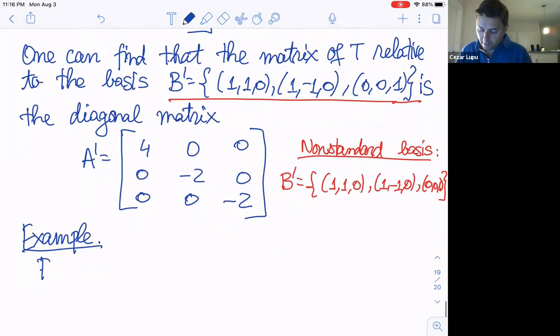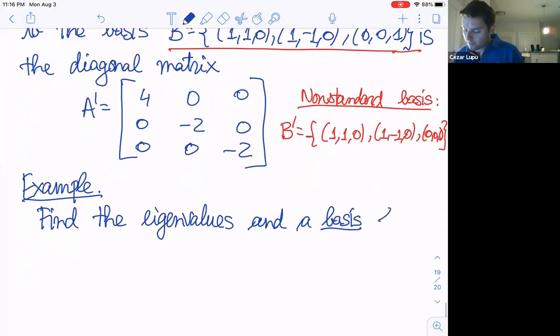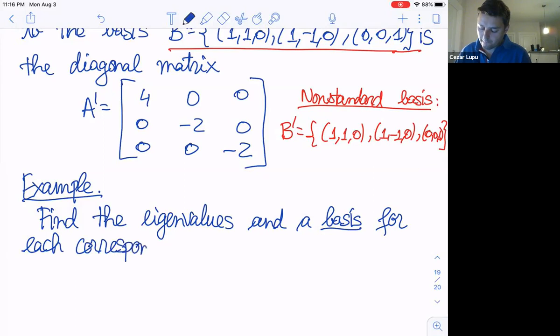Find the eigenvalues and a basis for each corresponding eigenspace of the following matrix.